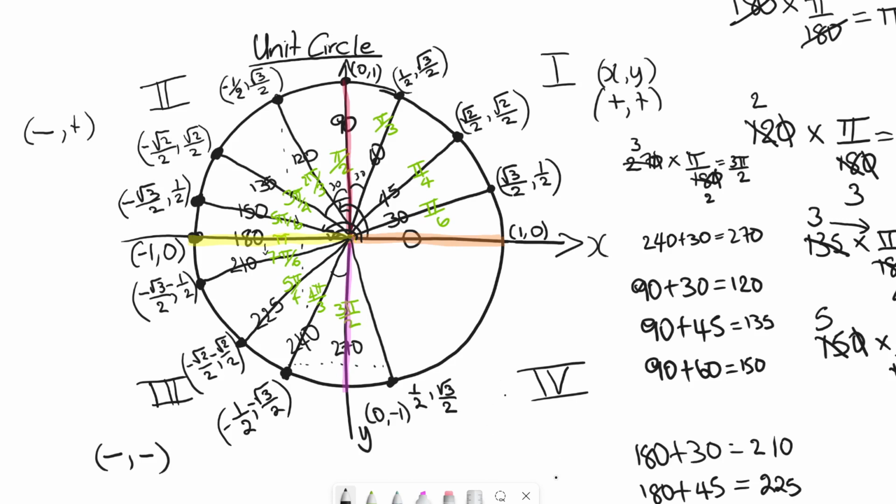So if I'm in the fourth quadrant, my x is positive and my y is now negative. Now let me just make some space here so that we don't get too confused. So this point is going to be (0, -1). And this point, now my x is positive, so it's going to be 1/2, and my y is negative: -√3 over 2. Okay?